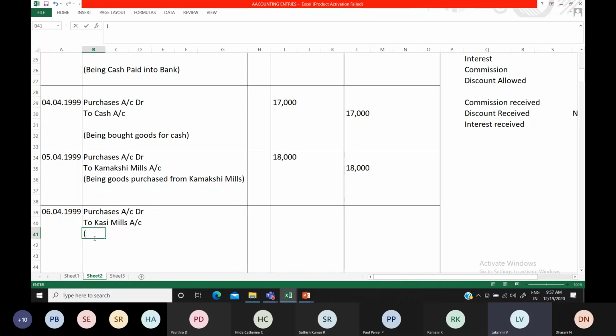The same entry you have posted in the past journal entry, same entry only you are going to pass, with Kasi Mills instead of Kamakshi Mills.